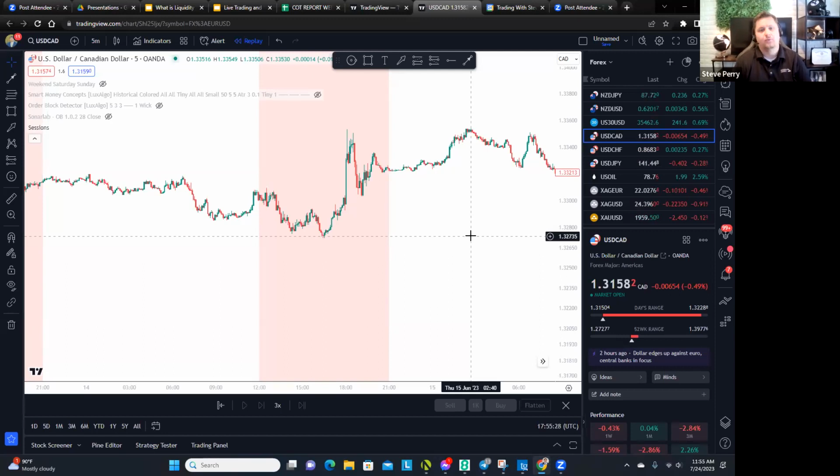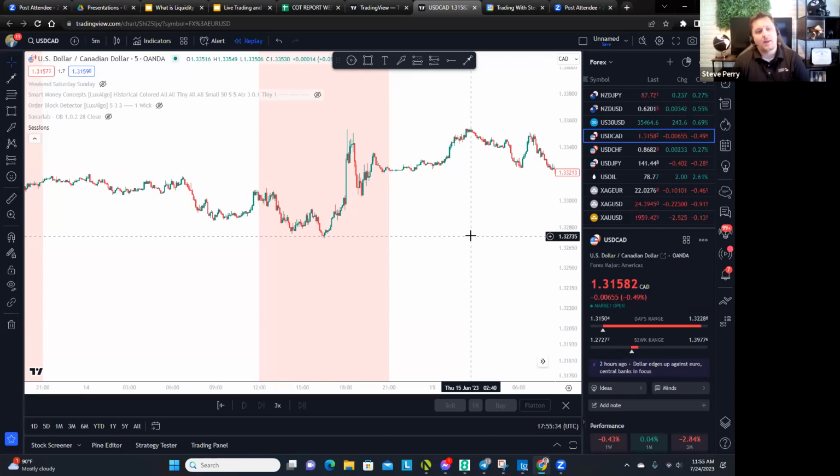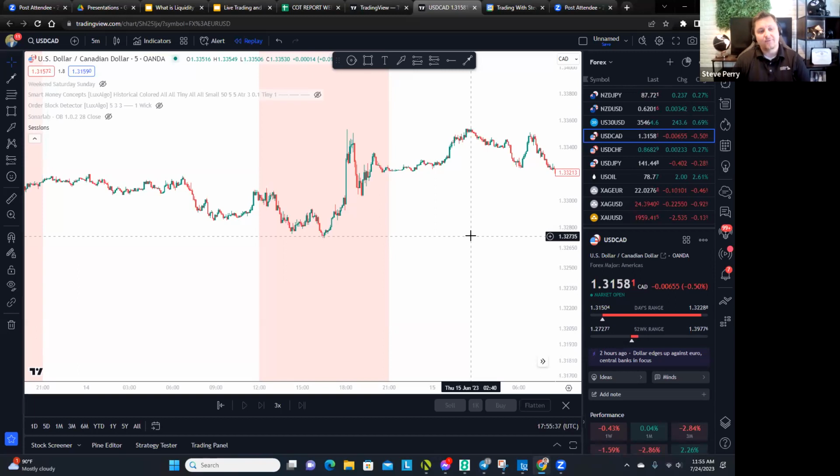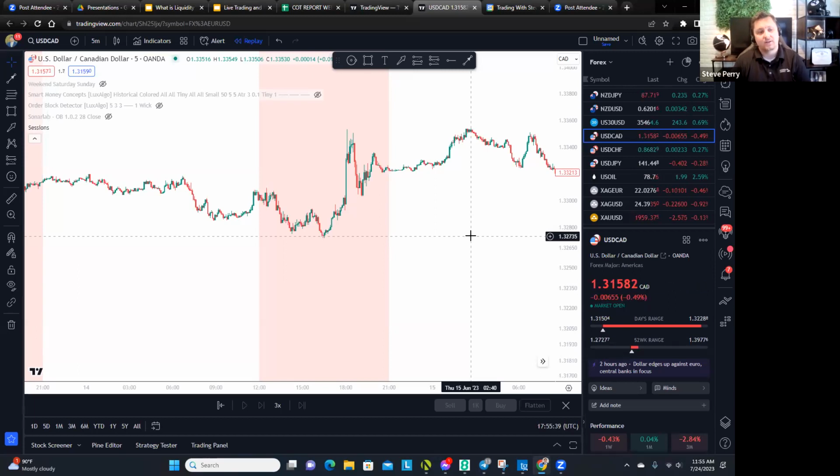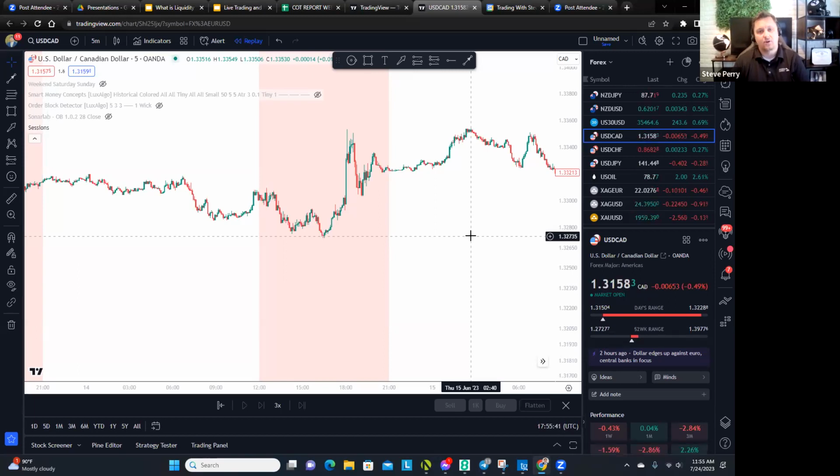So you can use a volume indicator to quantify that, but for me, if this candle or these series of candles at the start of the open is breaking all sorts of structures, then probably there's a lot of volume behind that, and so I can work with that.